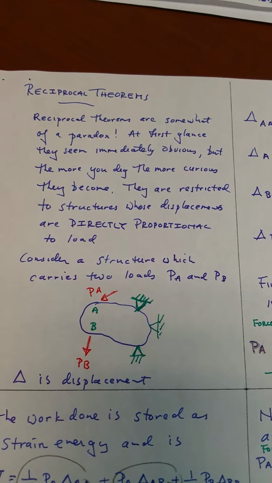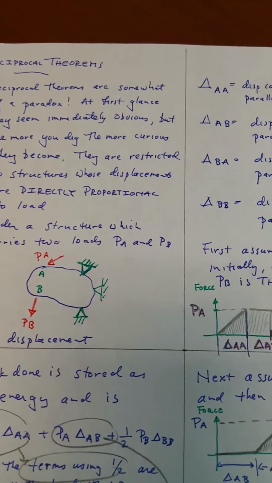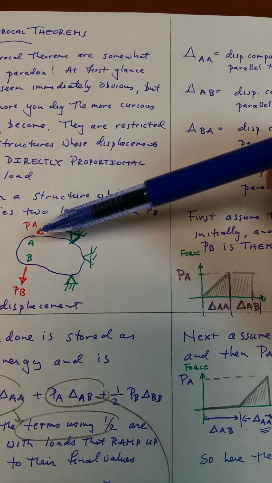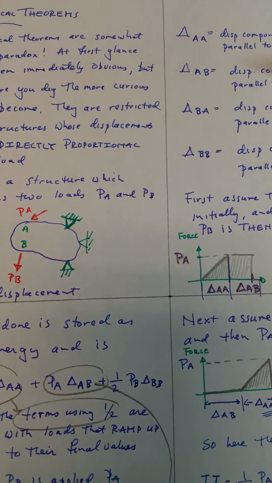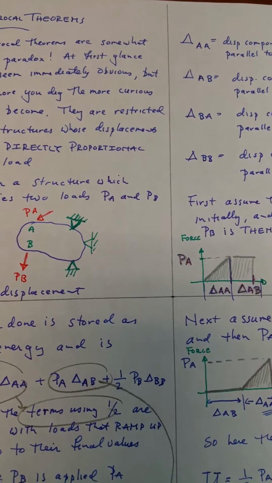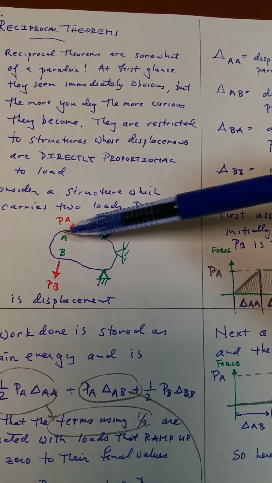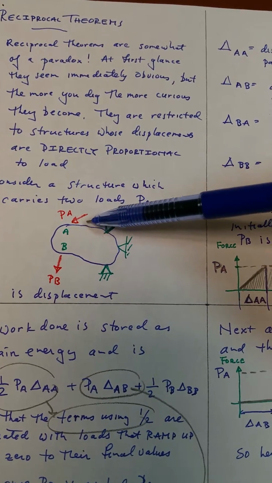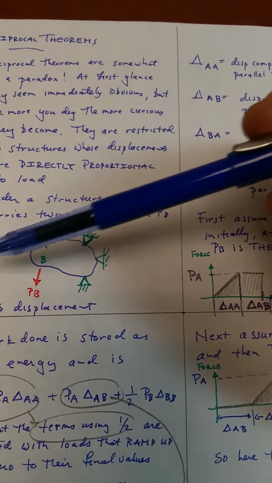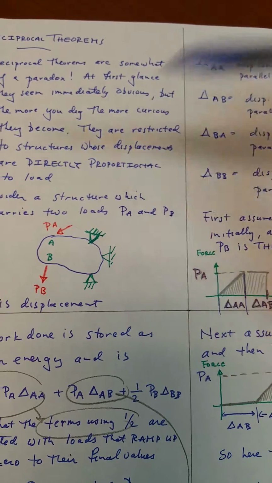And deltas are going to be the displacements. Now, I'm going to try to leave the camera just like this here. So, delta AA is the displacement component of point A parallel to PA due to PA. And delta AB, and this is a little tricky here, is the displacement component at A parallel to PA but induced by PB.